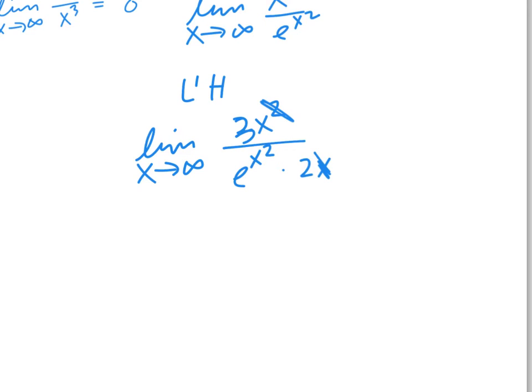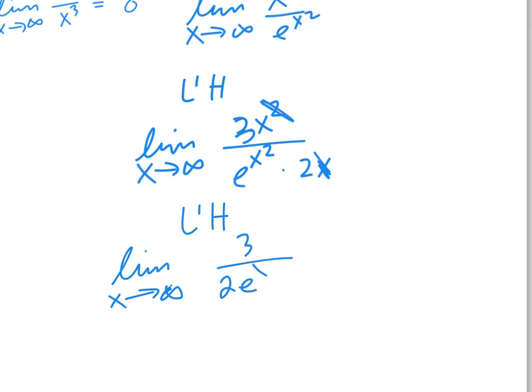If you cannot tell, do L'Hopital's rule one more time. That's going to be 3 over 2 times e to the x squared times 2x again. Now you can see that if you plug in infinity, the only thing that is moving is the bottom. So definitely 0.